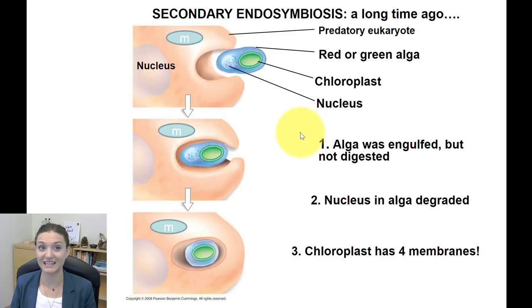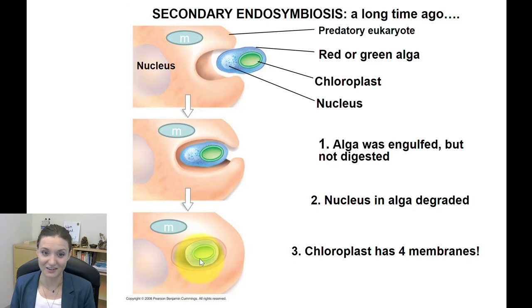Well, this is what we call secondary endosymbiosis. So we think that a predatory eukaryote, again, just a eukaryote with mitochondria, would have engulfed a red or green algae that already had a chloroplast inside of it. So this is another eukaryotic organism right here. It engulfed that eukaryotic algae, but it was not digested.